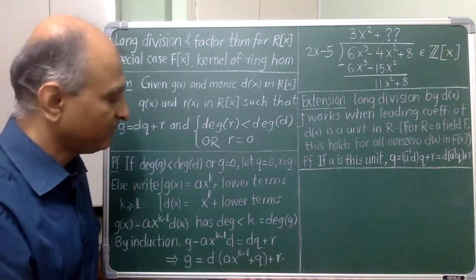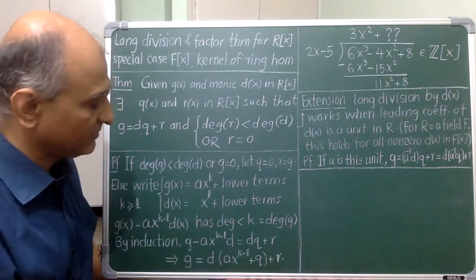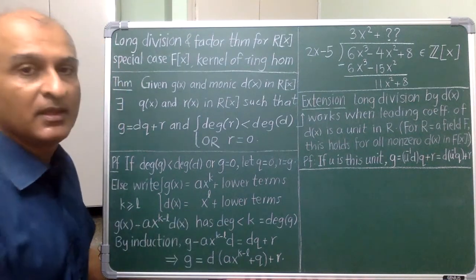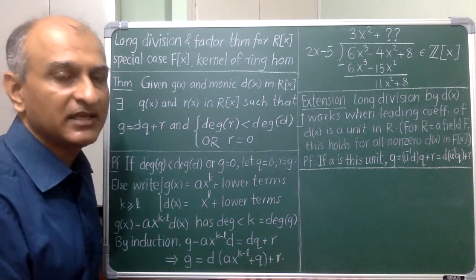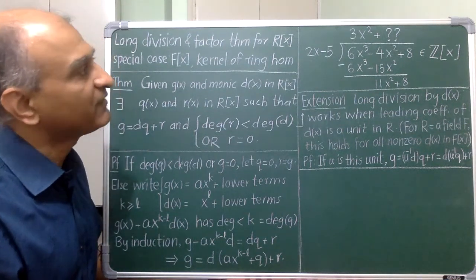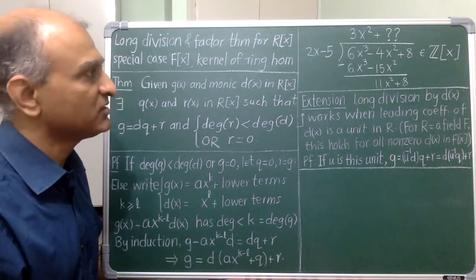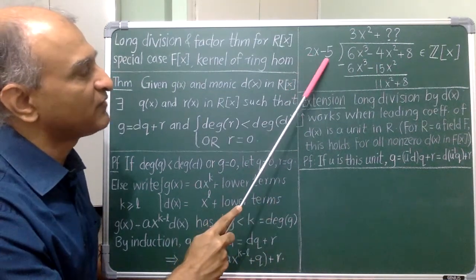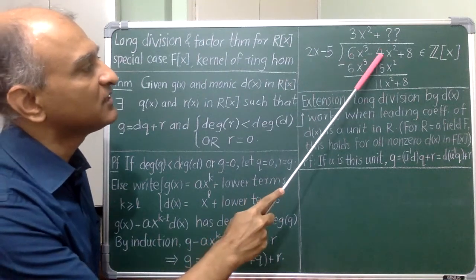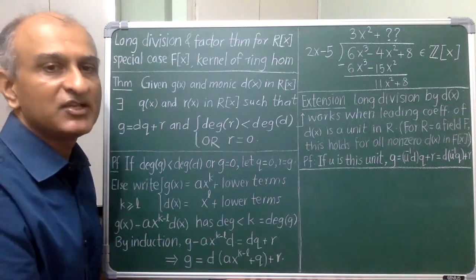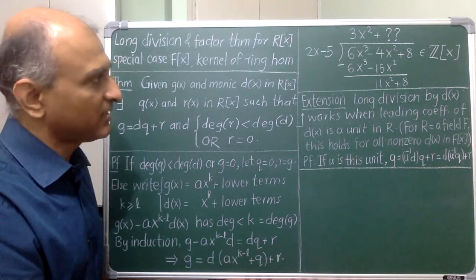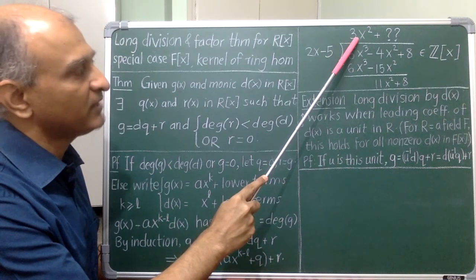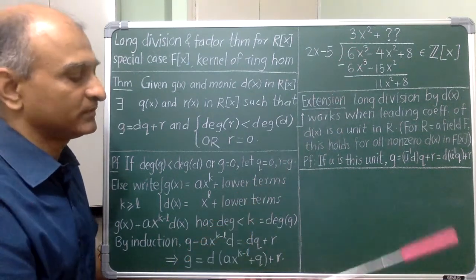In this procedure, in order to cancel this leading term, it was important that the leading coefficient here was 1. If this is not the case, then it can create problems. To show this, I have given an example over integers. I am dividing this polynomial by 2x minus 5, and all the coefficients here are divisible by 2. But that's not enough. I can get started and write the first term of the quotient as 3x squared to cancel out this 6x cubed.